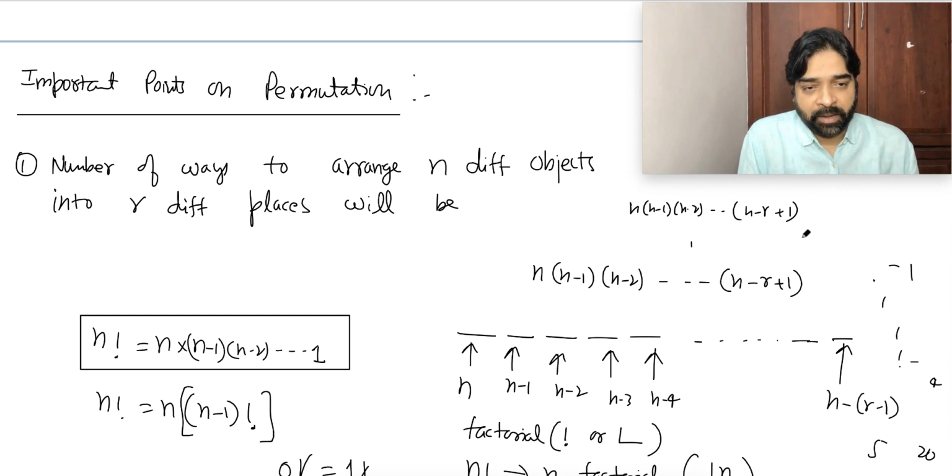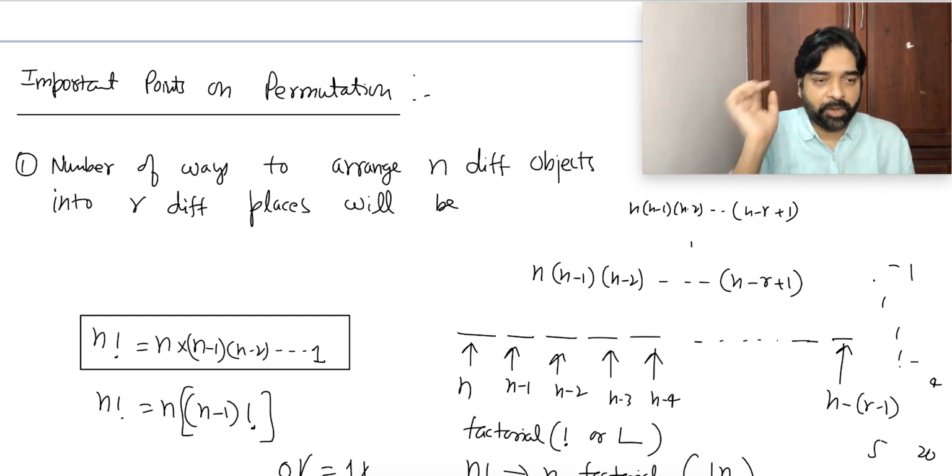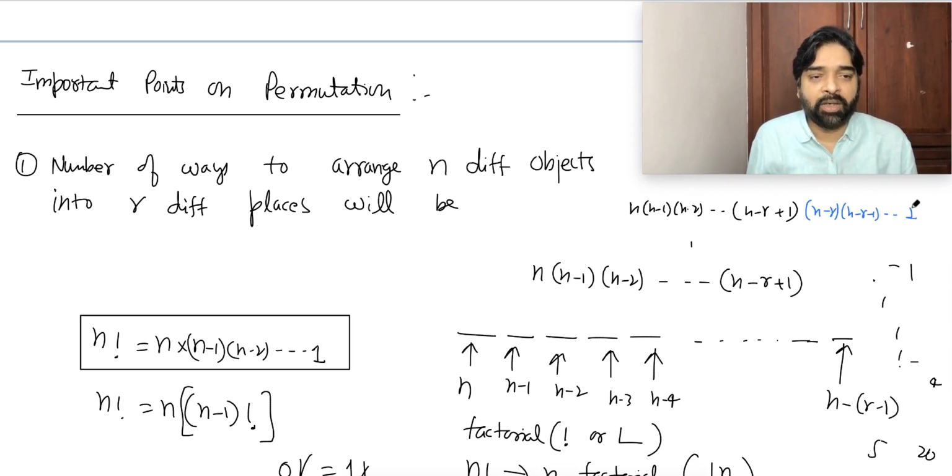Can I write n factorial? No, because this is not going till 1. So can I make it go till 1? Yes, multiply the missing terms. What is the next term going to come? n minus r, then n minus r minus 1, and so on till 1.